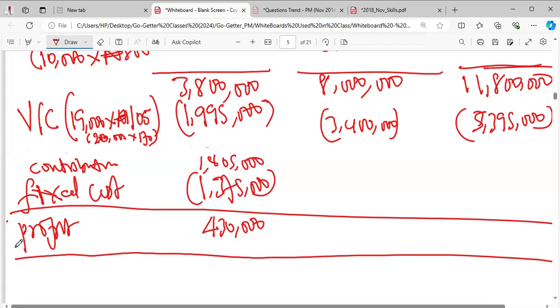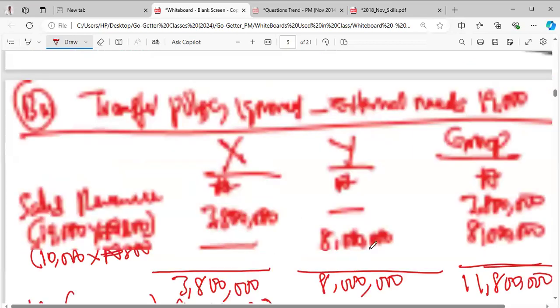Then we also have this other one here, 10,000 multiplied by 250. How much did we get that time?